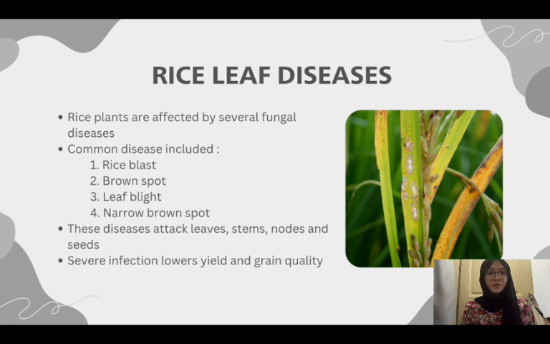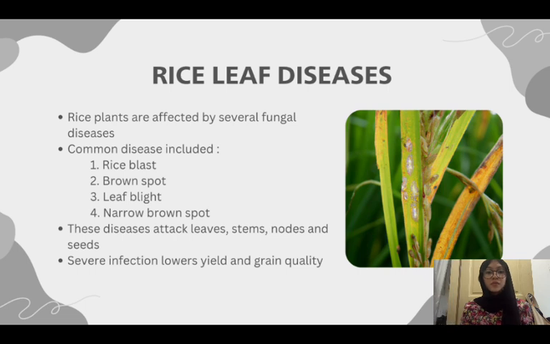Despite its critical importance, rice production faces several biological threats. Rice plants are highly susceptible to several devastating fungal pathogens. Among the most common damaging leaf diseases are rice blast, brown spot, leaf blight, and narrow brown spot.